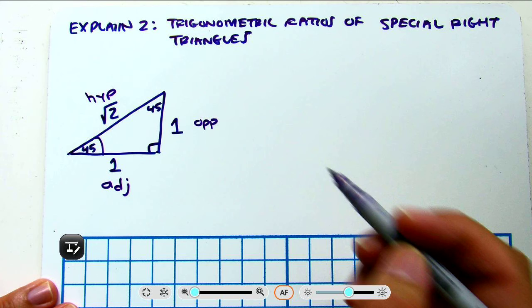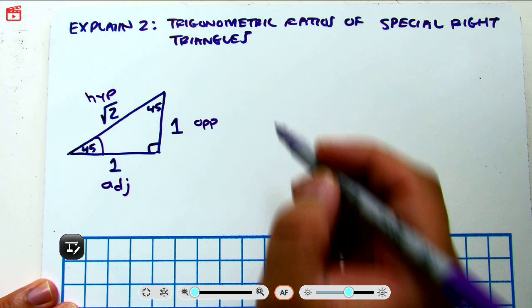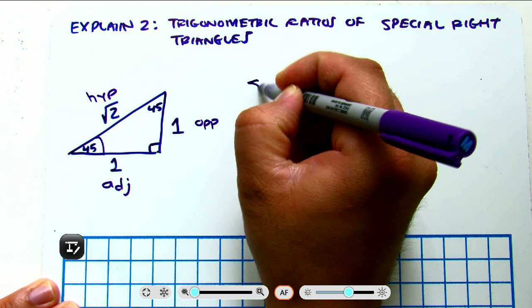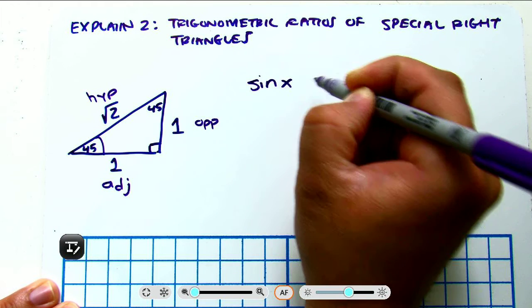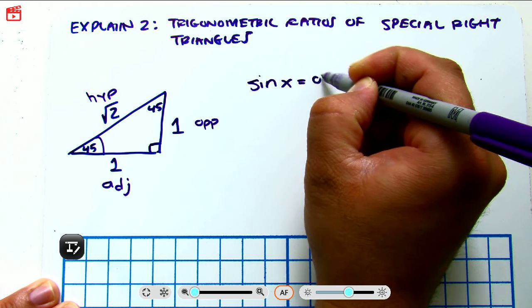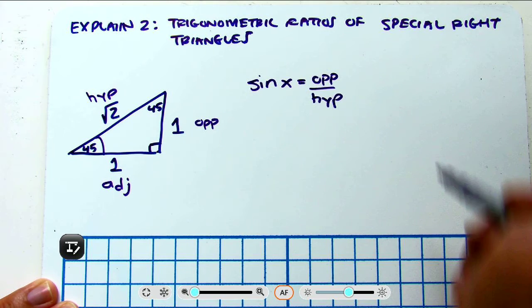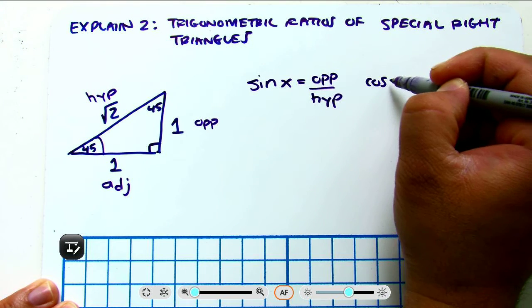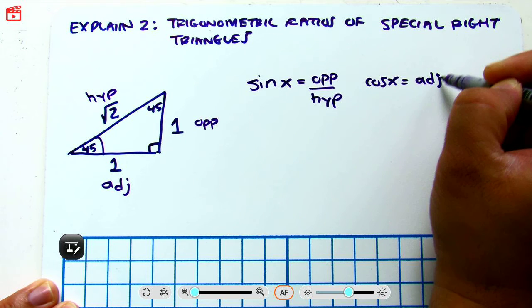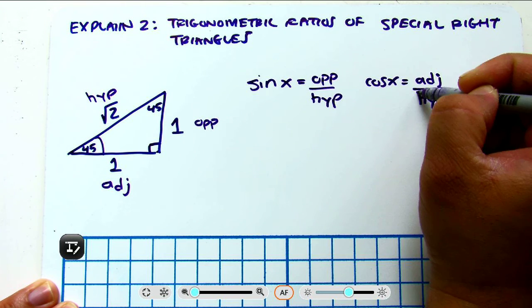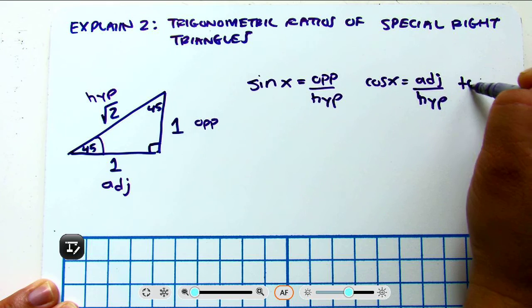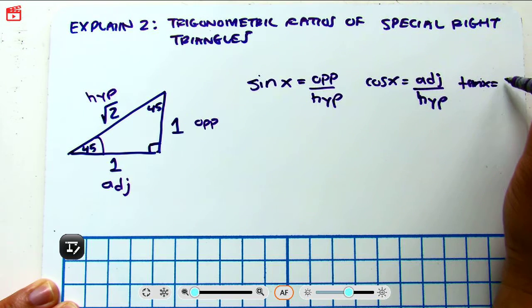So the three formulas we have are: sine of the angle is equal to opposite over hypotenuse. Cosine of the angle is equal to the adjacent over the hypotenuse. And tangent of the angle is equal to the opposite side over the adjacent side.